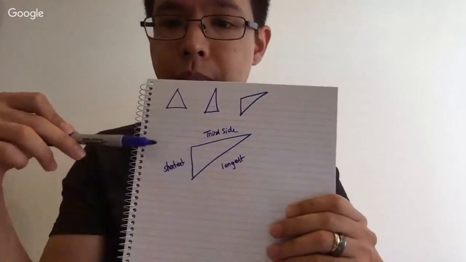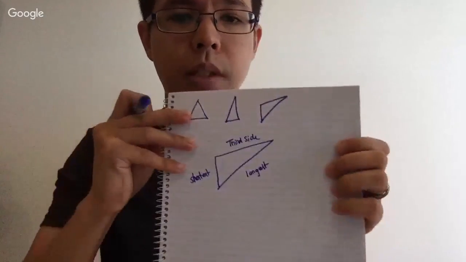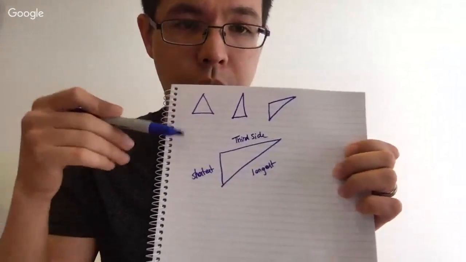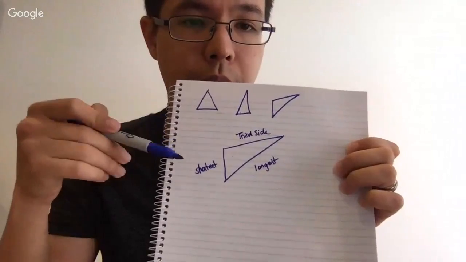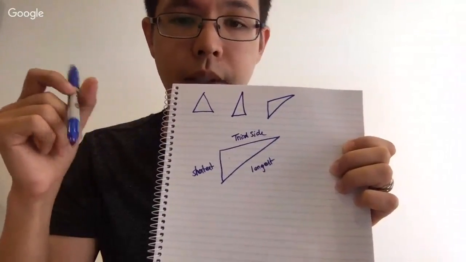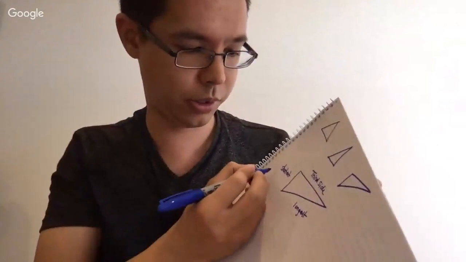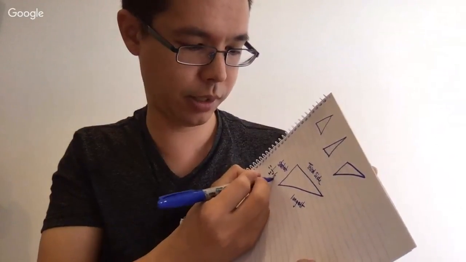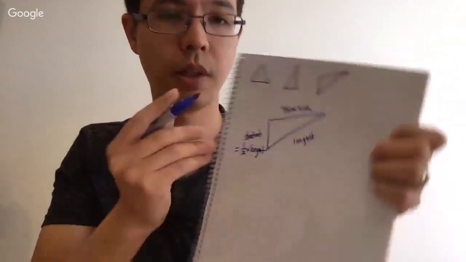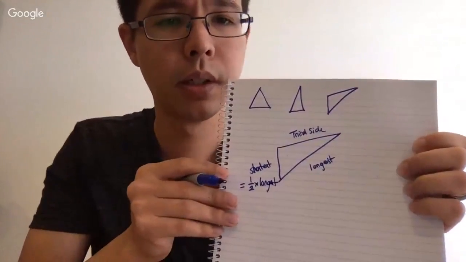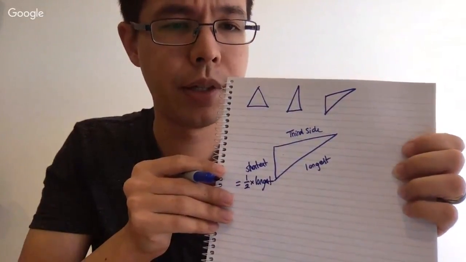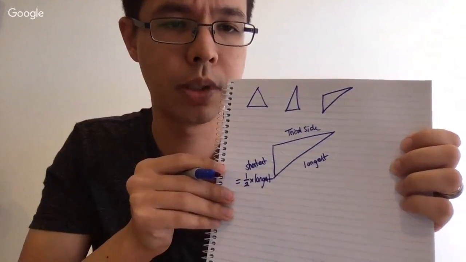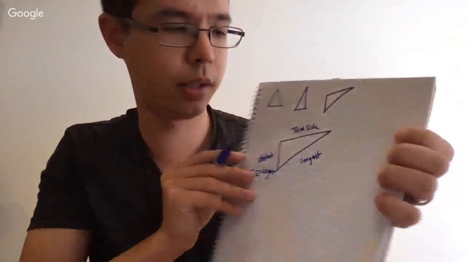You could probably use A, B, and C if you wanted to. Going back to the question, the shortest side is equal to half the length of the longest side. So shortest is equal to a half times the longest side. And the third side is 3/4 the length of the longest side.